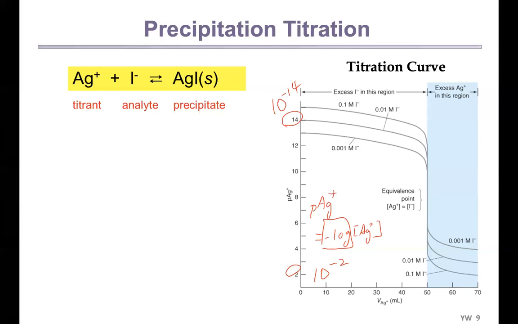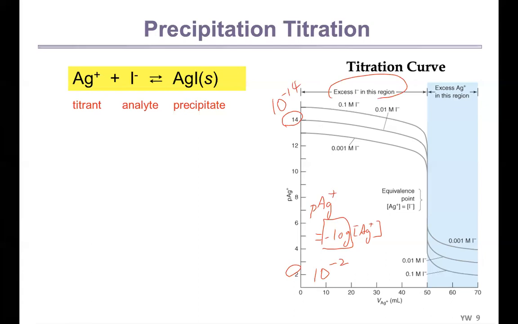And you can see that we're not caring about the 3 different lines yet. The 3 different lines are for 3 different situations when you have different initial concentrations of iodide. Okay. Let's just look at the middle one, for example, at 0.01 molarity iodide. So initially, you have excess iodide in the region, from here to here.